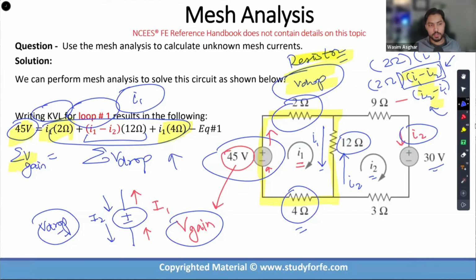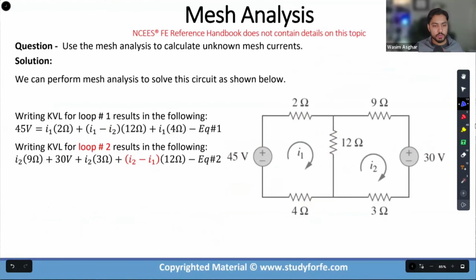Make sense? Not mentioned in the handbook. All right. This is only something that when you are aspiring for level 3 understanding, which is beyond just definitions and formulas and equations and numericals, that's when you understand this concept. So this is how my KVL for loop number 1 is going to turn out.